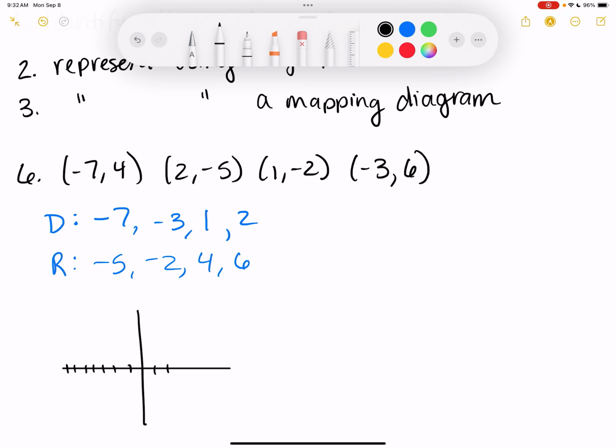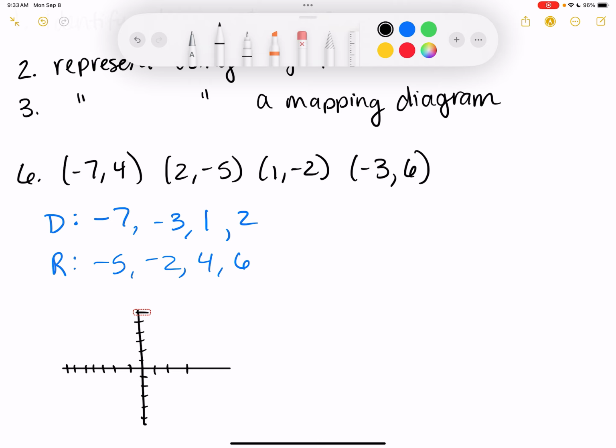Y values from -5 to 6. As long as you're counting in increments of 1, I don't care if you label the different points on your axis. If you're counting by something other than 1s, you need to at least specify on one of them that you're counting by 2s or something like that.